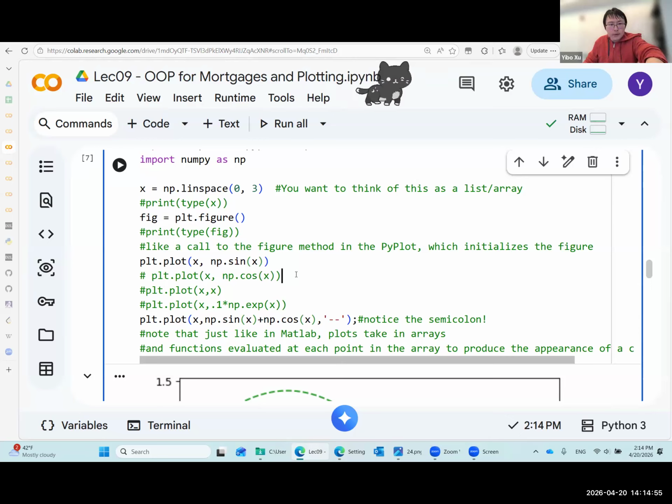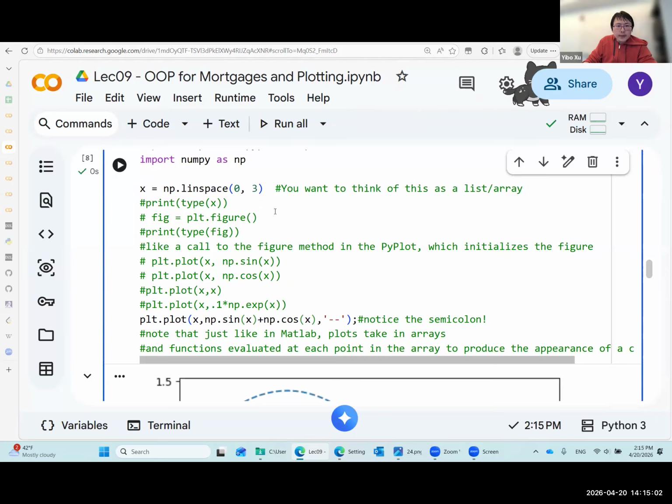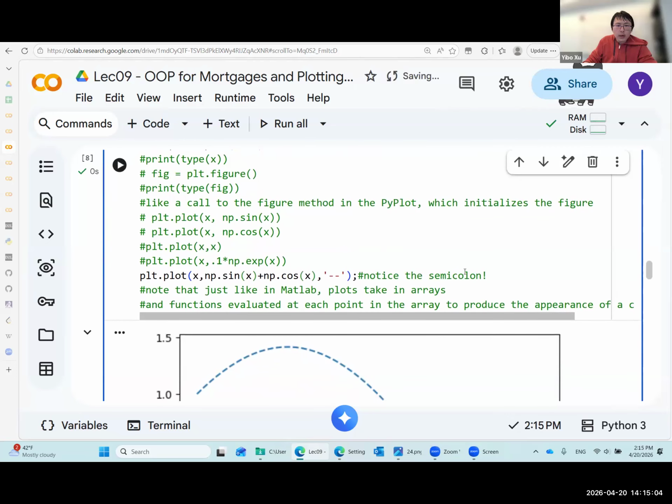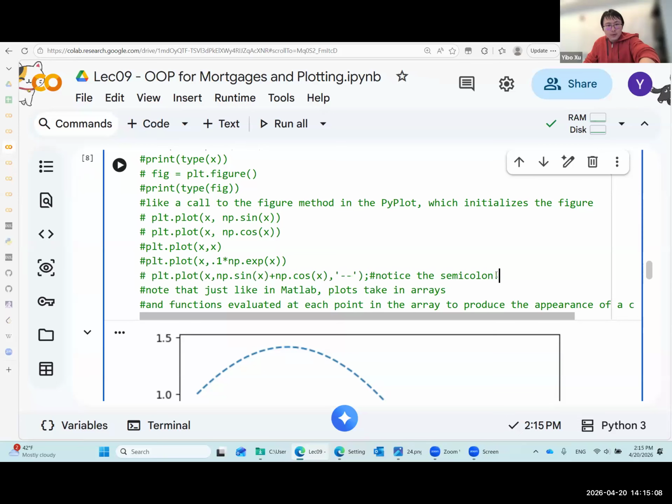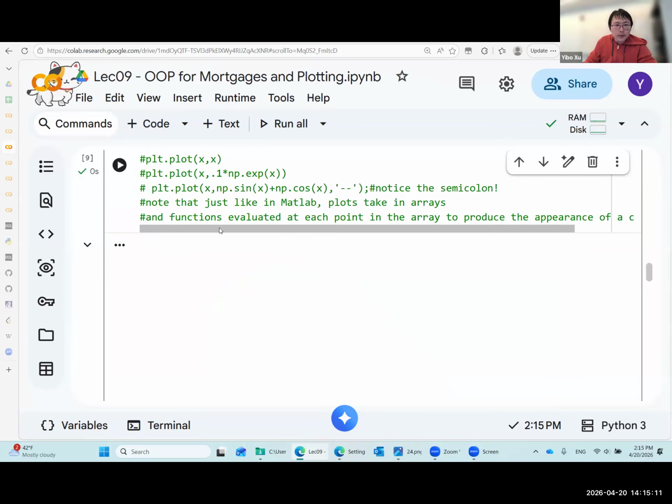Let me hide this line and this line and this line first. So now, firstly, what's x? Oh, I have a third curve, so I don't really need to plot.